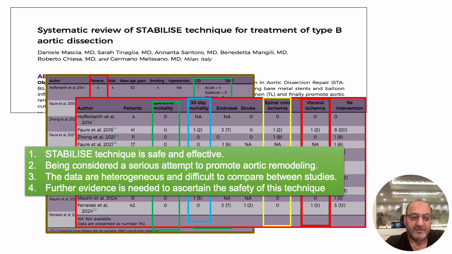But when you look at the false lumen thrombosis, only 81% of the patients had complete thrombosis. 10% of those patients had partial thrombosis, and 10% actually had no false lumen. These patients who have partial thrombosis could have aneurysmal dilation and things like that.